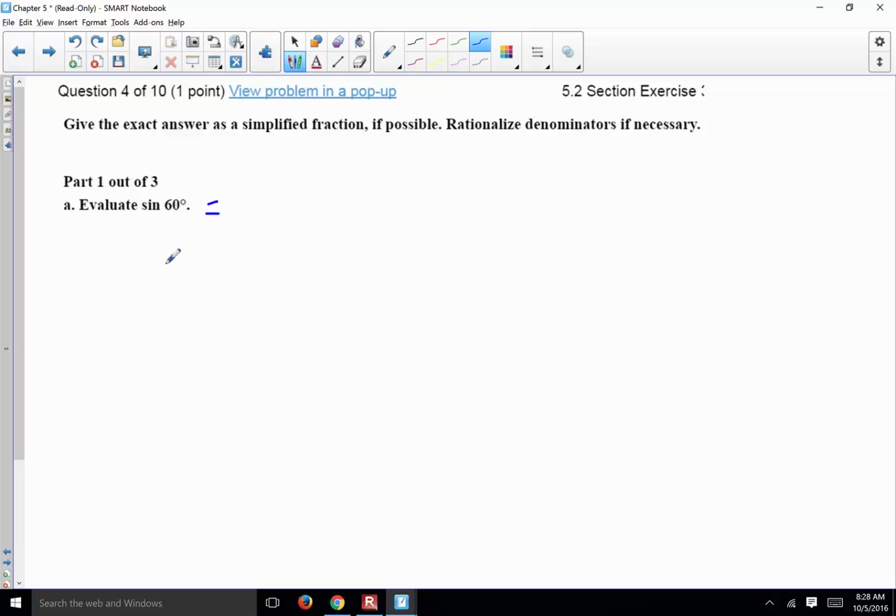What is sine 60? Root 3 over 2. Again, if you need to construct, let's say you hesitate, which triangle are you going to use? You're going to use the 30, 60, 90 triangle. This was 2, this was 1, this is root 3.